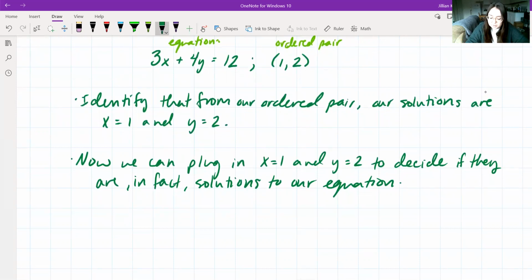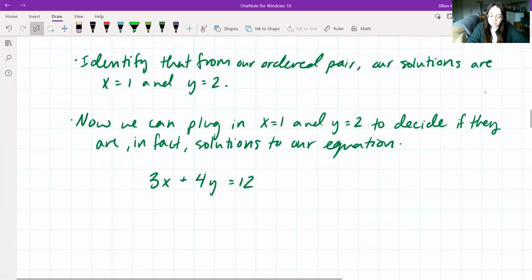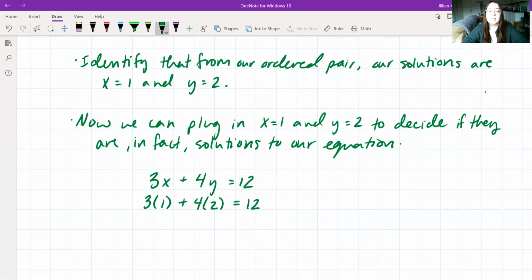So we'll plug in our values. Our original equation was 3x plus 4y is equal to 12. And plugging in our values, this will give us 3 times 1 plus 4 times 2. And we're saying that this is equal to 12.